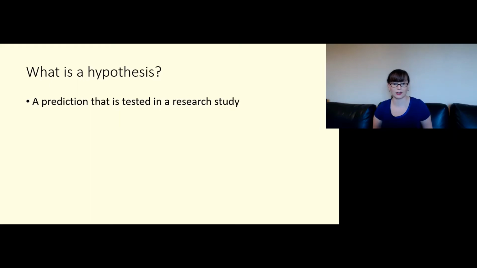So for instance, there might be previous research that suggests that a specific kind of therapy is going to lead to fewer depressive symptoms. Or I might make an observation that when I got less sleep last night, I feel grouchier and more frustrated today. And so I could design a study to test that, to see if less sleep leads to more frustration.